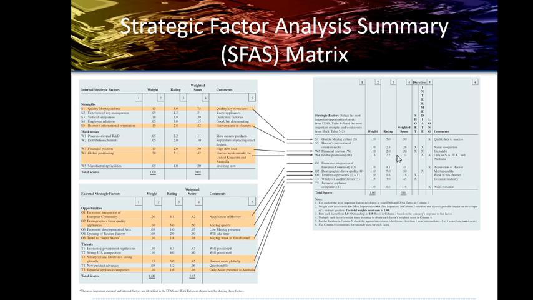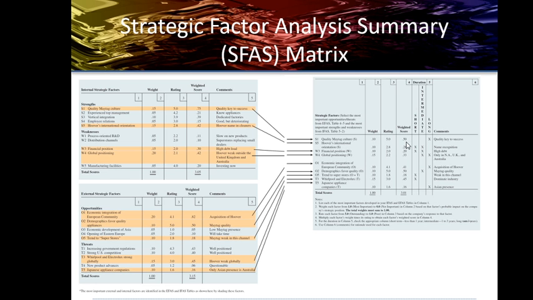As you can see in the result, we have a weight for each strategic factor, a rating, and at the same time a weighted score.